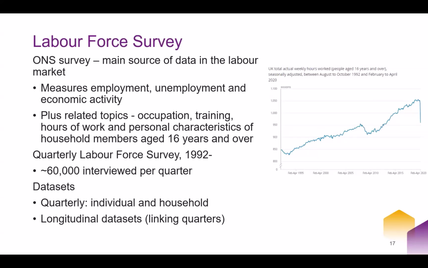It has run quarterly since 1992. It used to run annually before, but since 1992, it has run quarterly, and roughly 60,000 people are interviewed during each quarter. The dataset is available at the individual level and the household level.